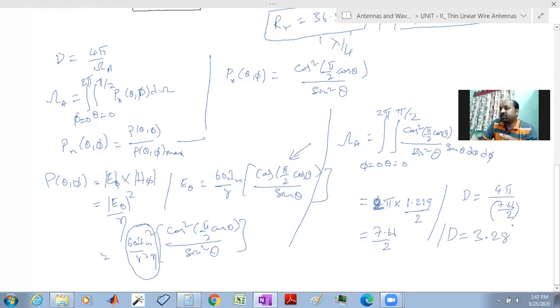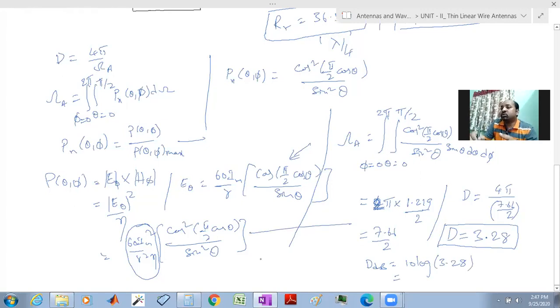So the directivity of the quarter wave monopole is 3.28. In dB, you can calculate 10 log 3.28.